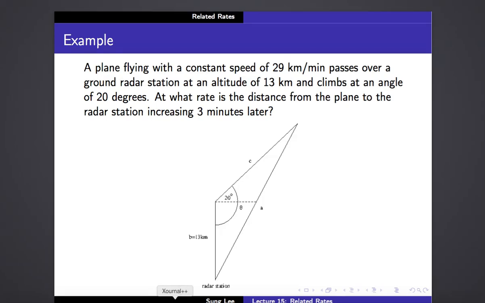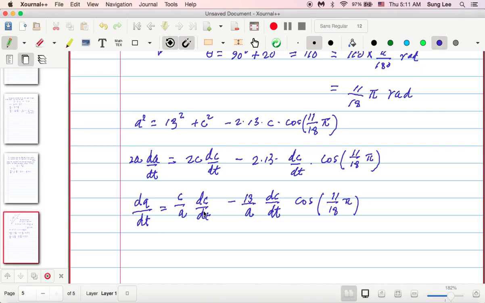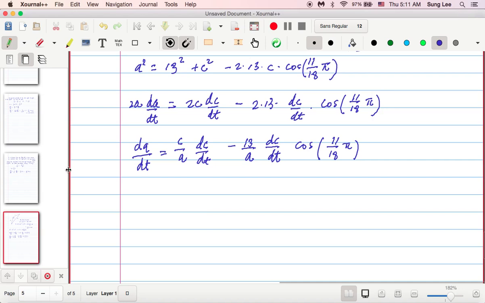Okay, so let's write down the quantities we know.